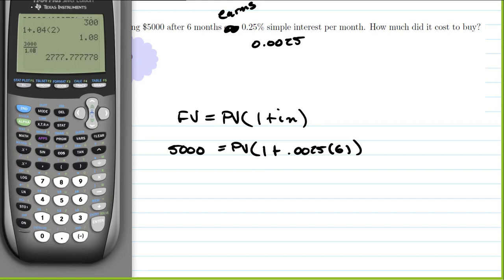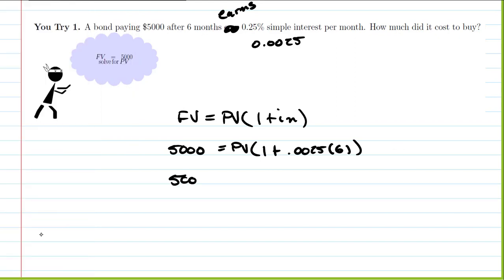And so we have 1 plus 0.0025 times 6 gives us 1.015, so 5,000 equals 1.015 times our present value. And we divide.